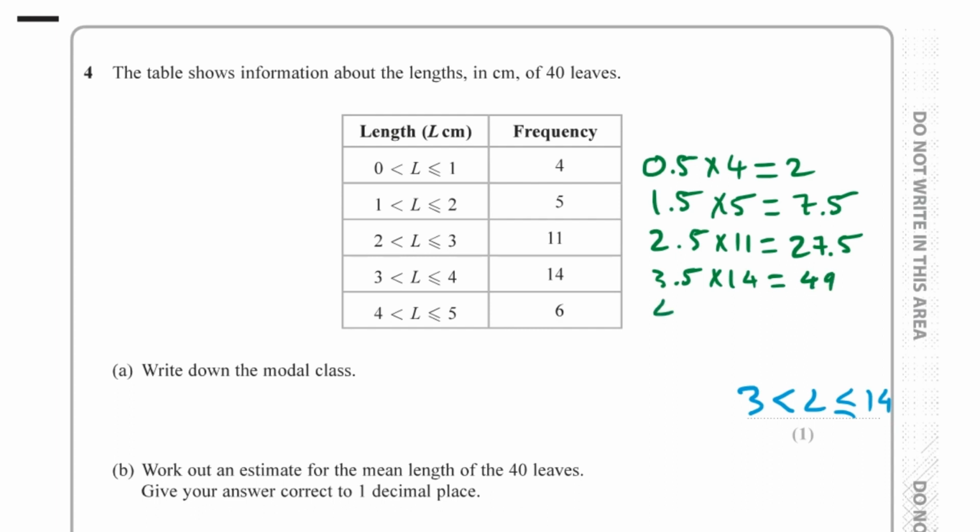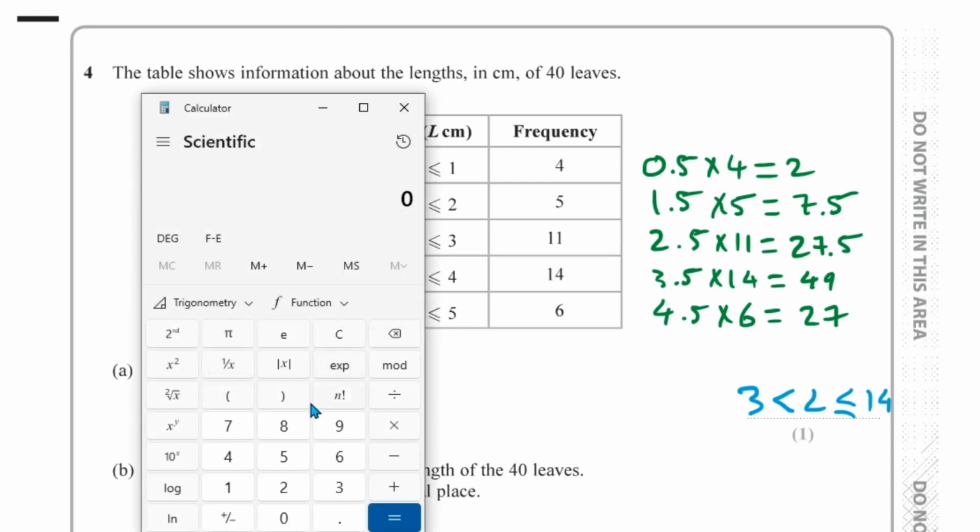And for our last one here, we can say 4.5 times 6. 4 times 6 is 24, and then half of 6 is 3, so this will give us 27. Of course, you can do all of this with a calculator. And so to find the mean, we can add all of these numbers together.